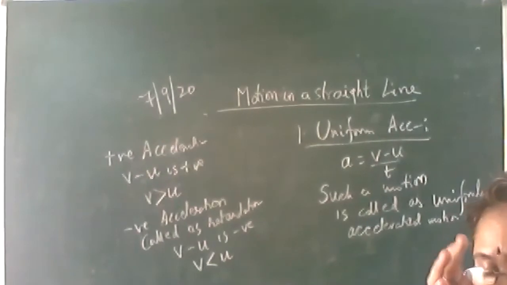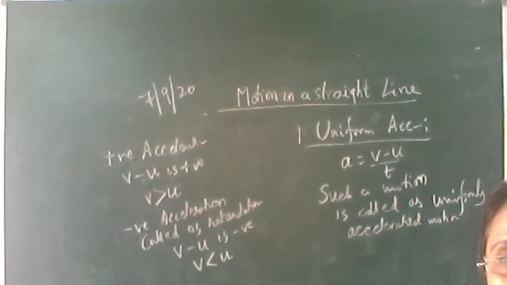In uniform motion, the body is moving with a constant velocity. What is the acceleration over there? For uniform motion, the acceleration is 0. The initial velocity, final velocity, both are same. So for uniform motion, the acceleration is 0.